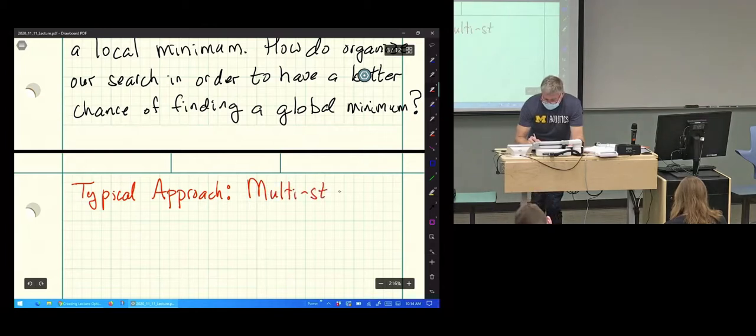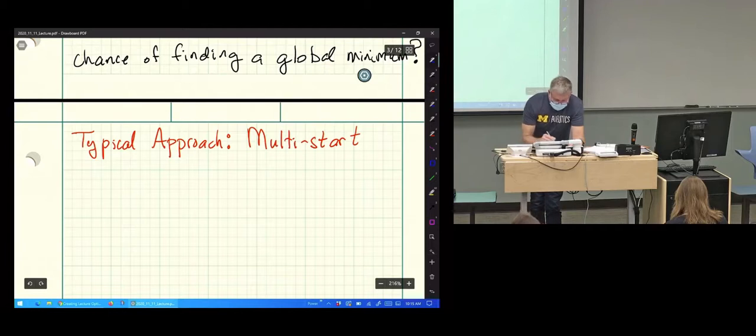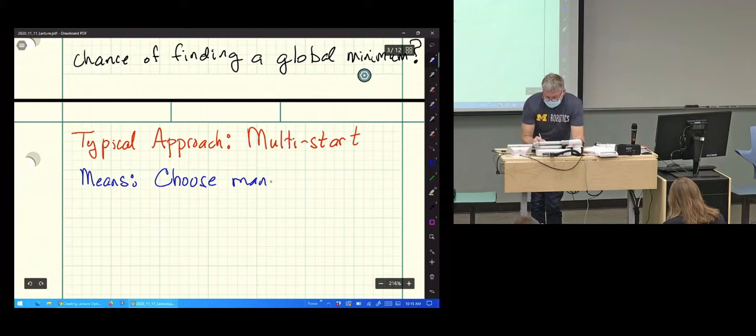It's called multi-start, okay? And what that means is choose many x zeros and run the algorithm.